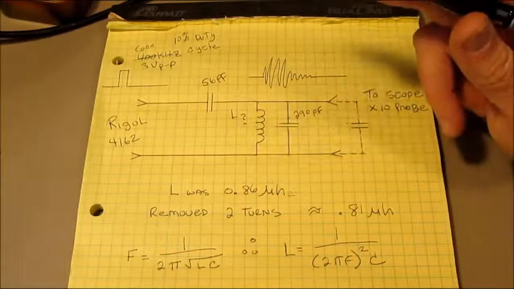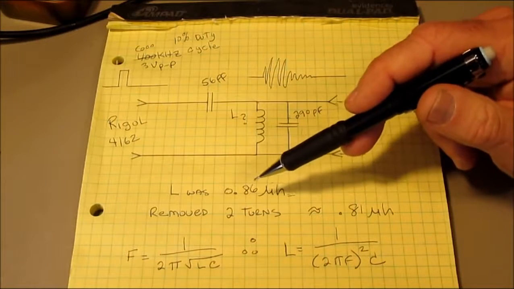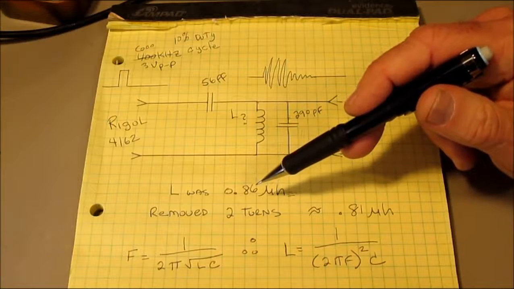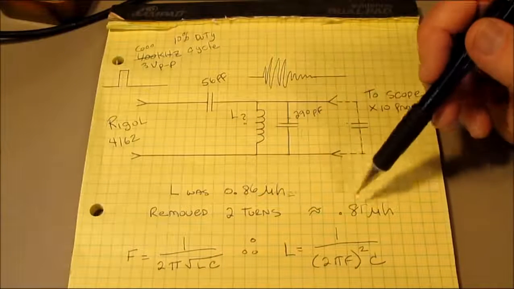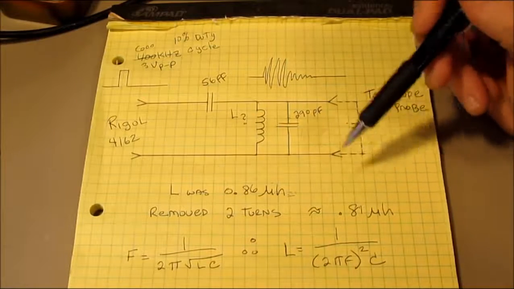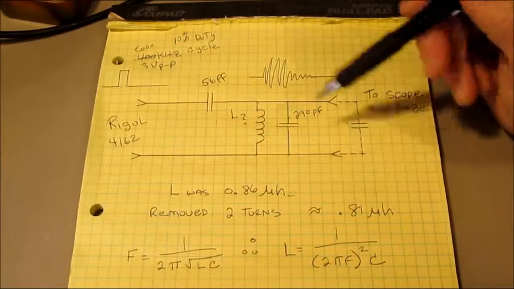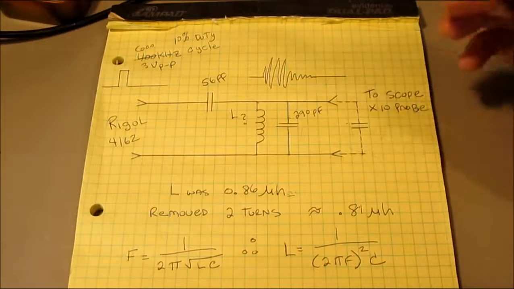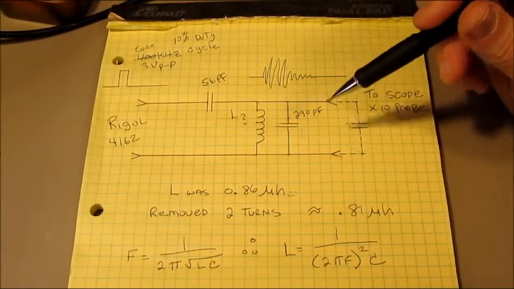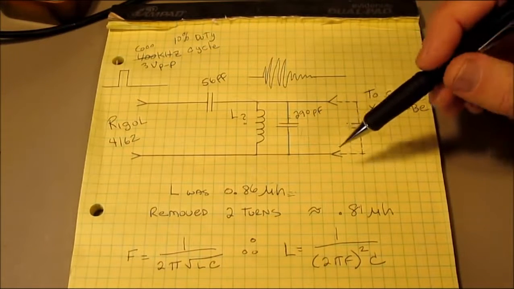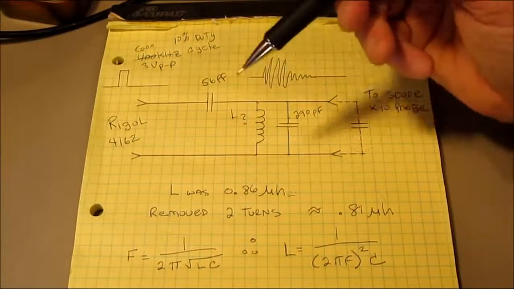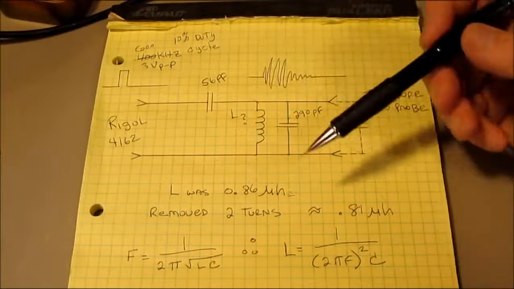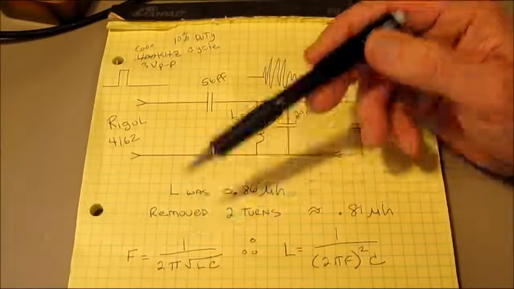It gave me the number of turns, and then I took 2 turns off and came up with this value here, this 0.81 microhenry. So when we do all this, it should come up to approximately that. Now keep in mind, all this to some degree is an approximation, but it'll definitely get you in the ballpark.